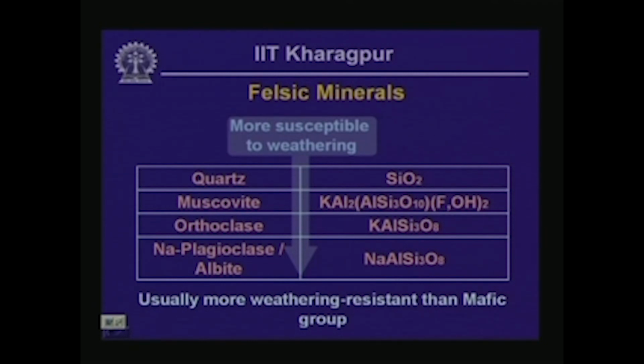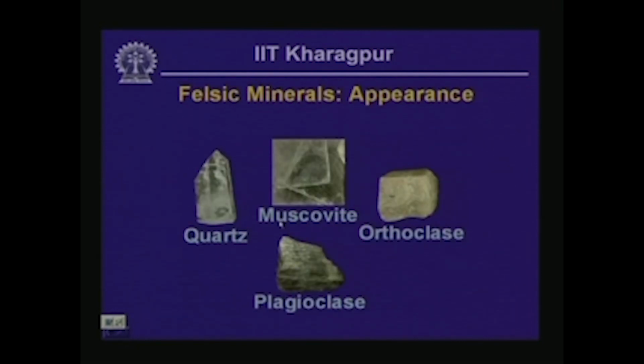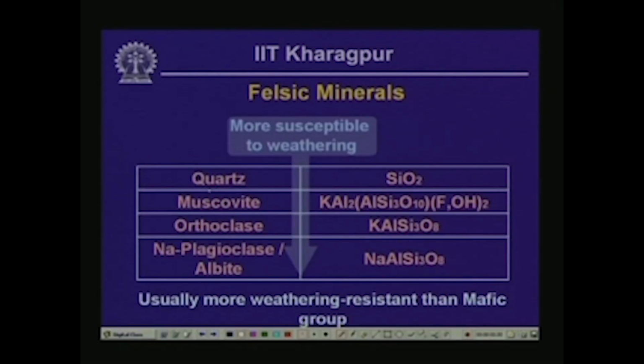Now, rocks that are composed of quartz are going to be more weathering resistant, whereas rocks that are composed of sodium plagioclase or albite are going to be more susceptible to weathering.